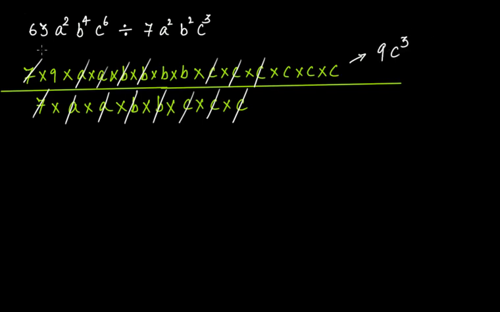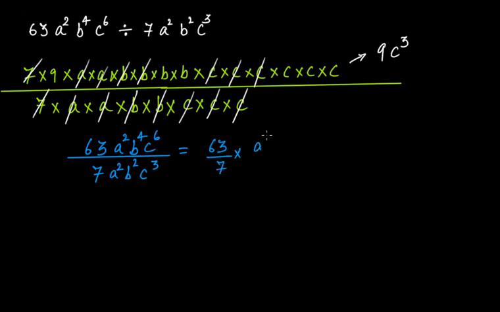Let's solve it using the laws of exponents. So this is 63a raised to the power of 2 b raised to the power of 4 c raised to the power of 6 divided by 7a squared b squared c cubed. This is equal to 63 by 7 multiplied by a squared by a squared, b raised to the power of 4 by b squared, c raised to the power of 6 by c cubed.